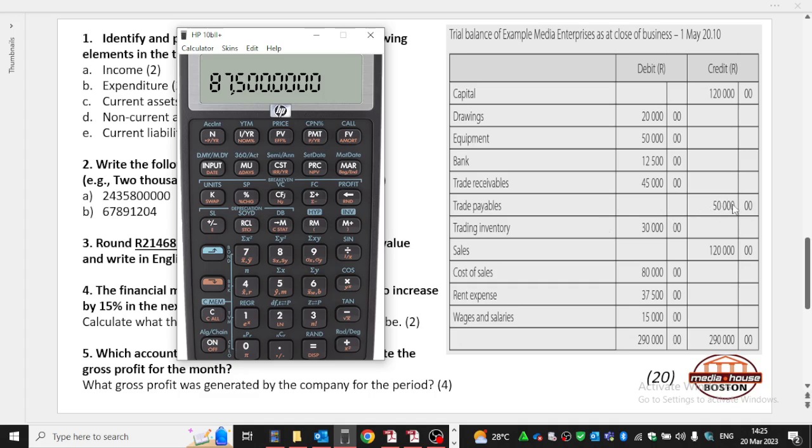We currently owe them 50,000, which means it's sitting on the credit side. Current liabilities are on the credit side of our trial balance. So under this activity, we only have 50,000. That will be our current liabilities.